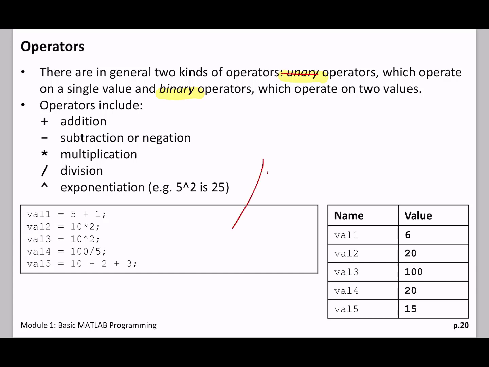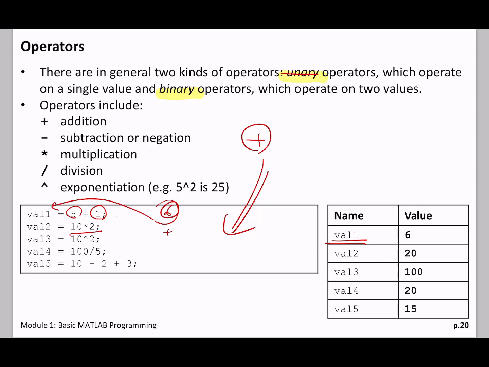If you take a look at this one, the plus operator. How do we use the plus operator? Like this. You need two values, right? 5 plus 1 is 6. That's why 6 is assigned to variable 1. What about this one?